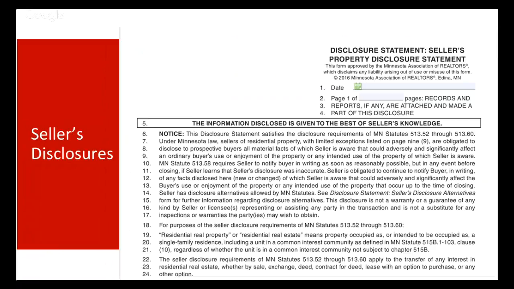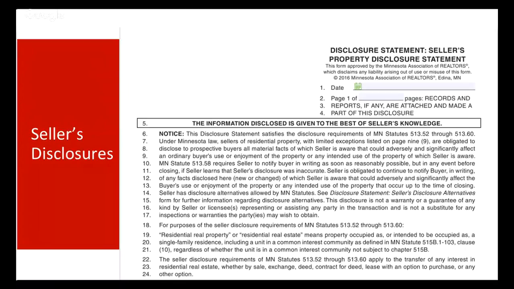The information disclosed is given to the best of the seller's knowledge. There's plenty of things that might be going on with their home that they don't necessarily know about, right? You can't see behind walls, okay? Notice this disclosure statement satisfies the disclosure requirements of state law with limited exceptions listed on page 9.